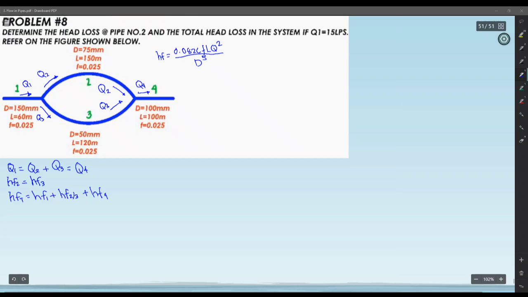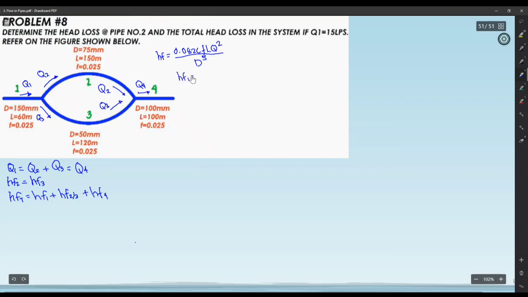Since na-establish na natin ang equation na yan, ano bang pwede nating gawin? With this equation, pwede nating makuha yung head loss for pipe 1 and for pipe number 4. So, compute muna natin yung head loss para kay pipe number 1.